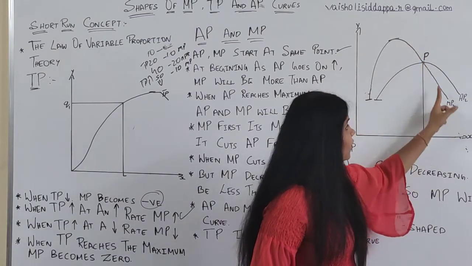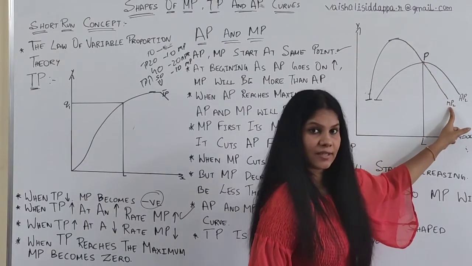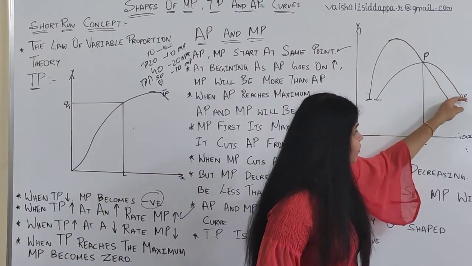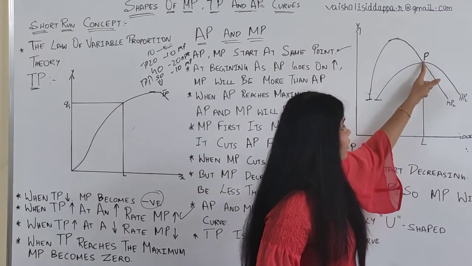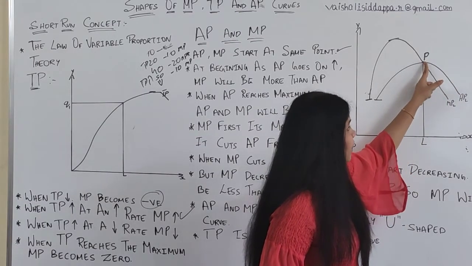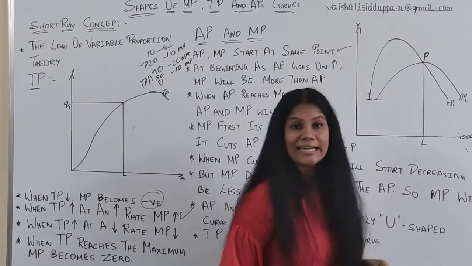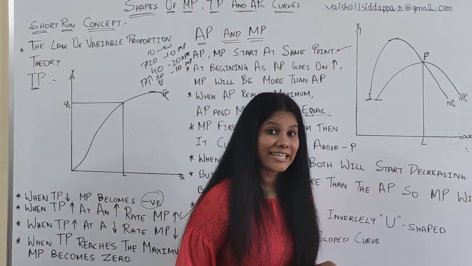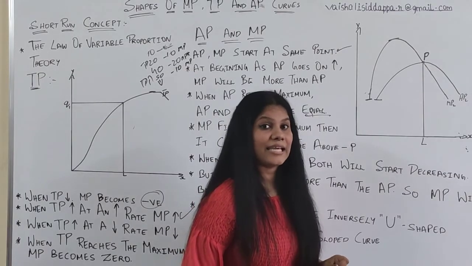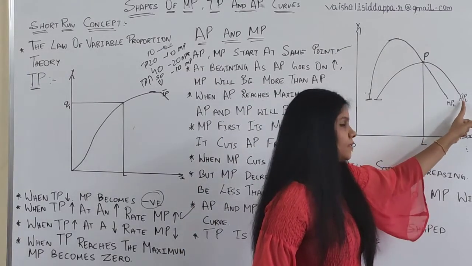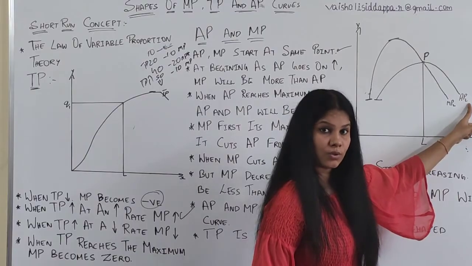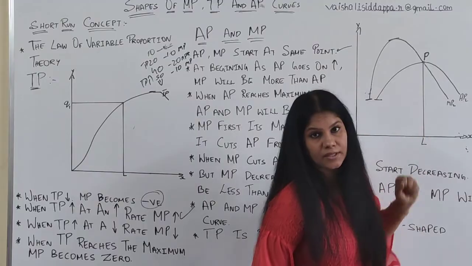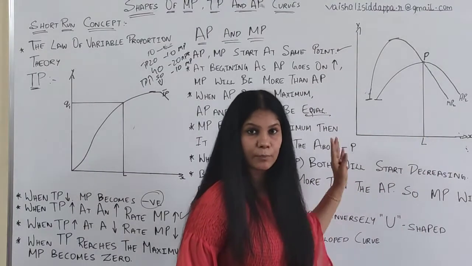But APL, which till now was increasing, will also start decreasing after the cut, after point P. Both are decreasing, but MPL is lesser than APL, so APL is above the MPL. Is it clear?